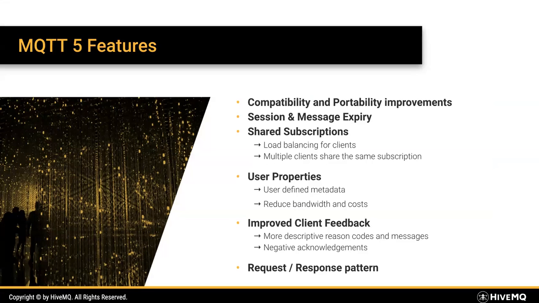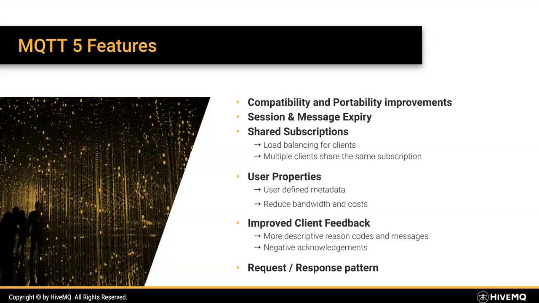So what does MQTT 5 bring on top of previous MQTT versions? It does a lot for compatibility and portability, meaning that some features are now optional and clients and brokers can exchange what features they support. In previous versions, both had to support more or less all features because they weren't optional.